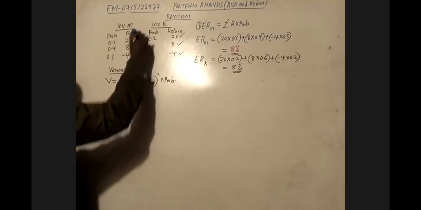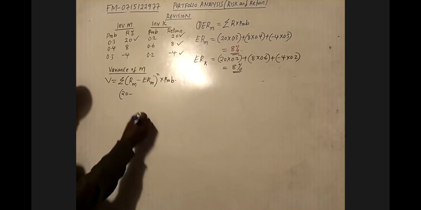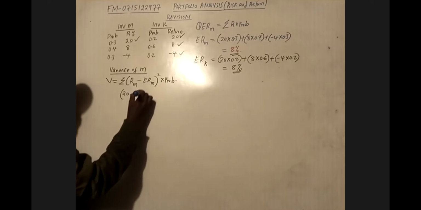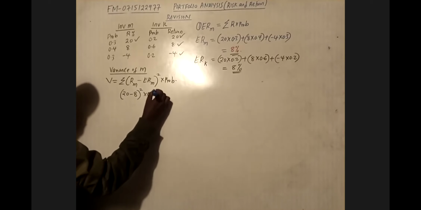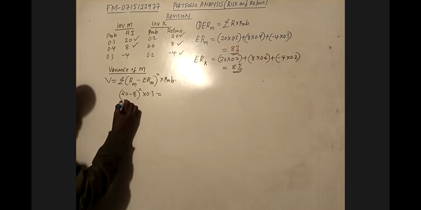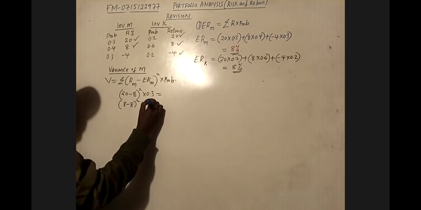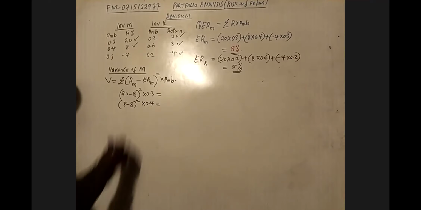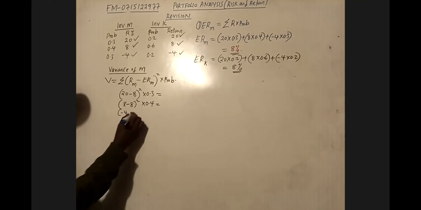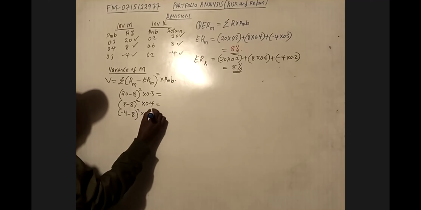When the return is 20 for M, it is 20 minus our expected return of 8 squared times 0.3. When it is 8, it is 8 minus 8 squared times the probability 0.4. Then when it's minus 4, it is minus 4 minus 8 squared, times our probability 0.3.